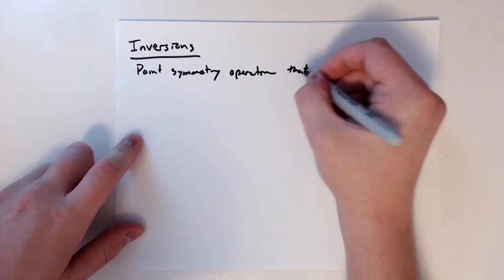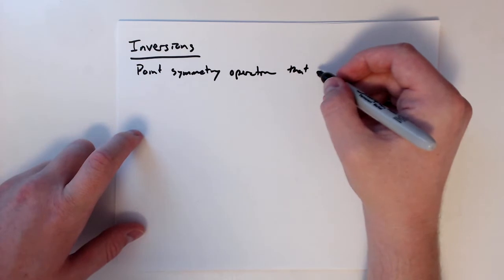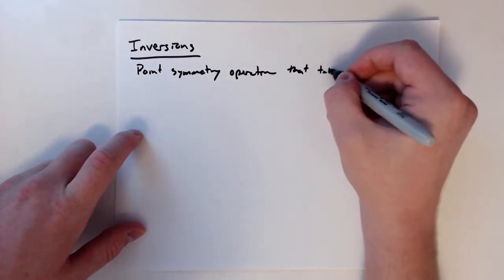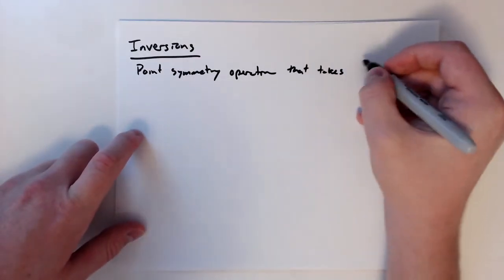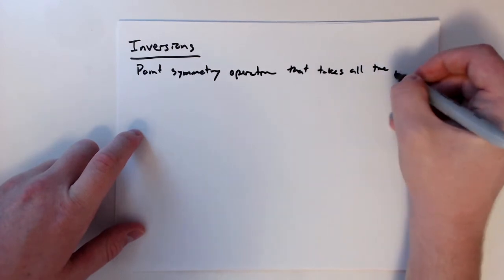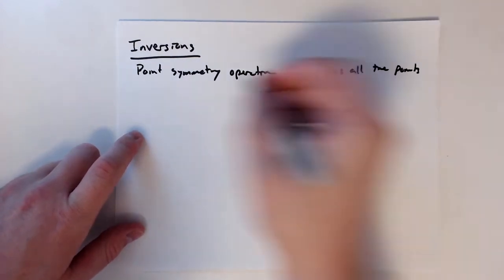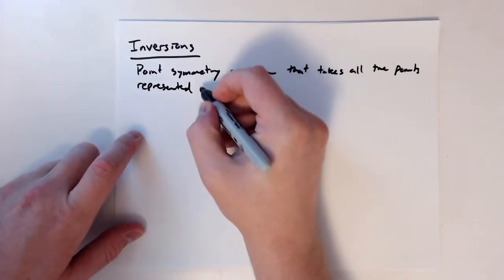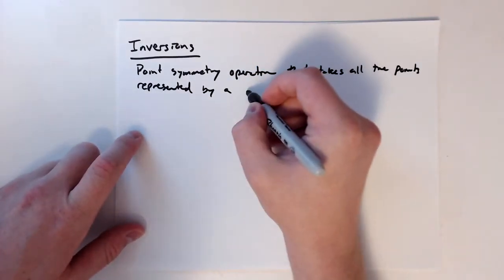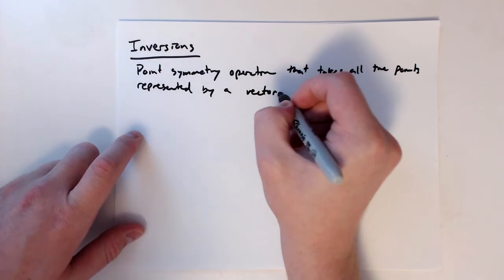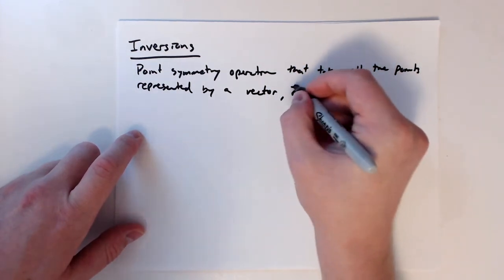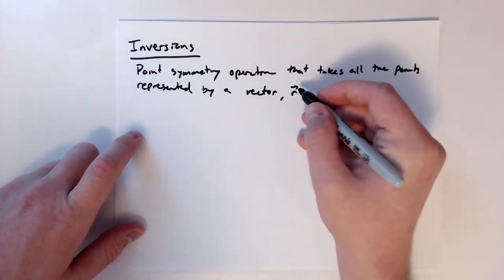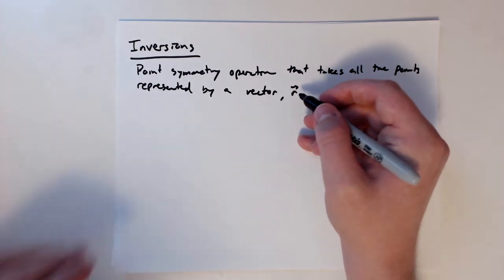So this is a point symmetry operation that takes all the points represented by a vector, and we call that vector R. So R with the arrow on top of it.